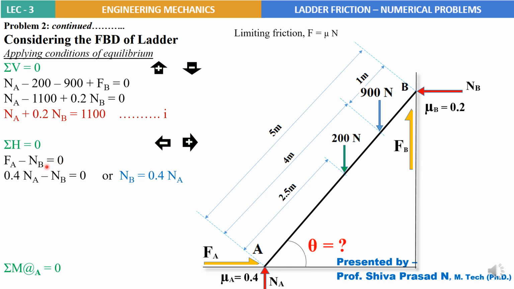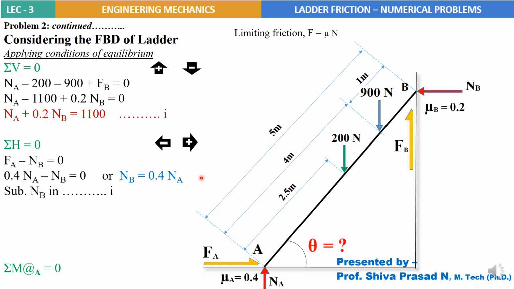Next, further substituting for FA, with mu equal to 0.4 here, 0.4 NA minus NB equal to 0. So what is this? Limiting friction condition. So this formula we have used here. On simplifying we get NB equal to 0.4 NA.